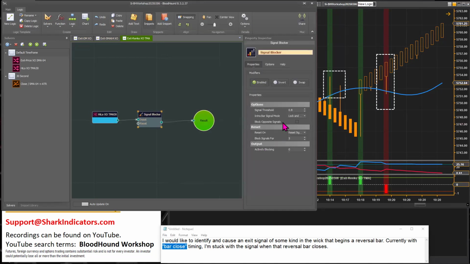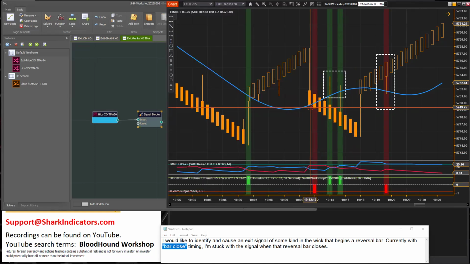So we actually need to enable the block opposite signal, so that this short signal also blocks these long signals, and this long signal that was here would block the short signal there.